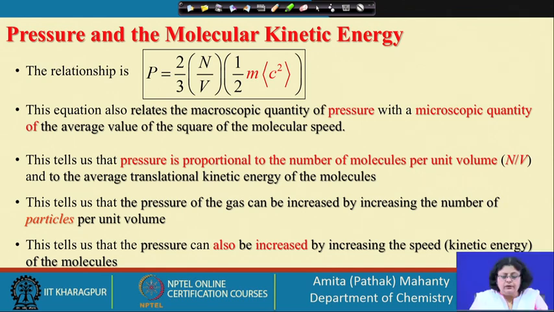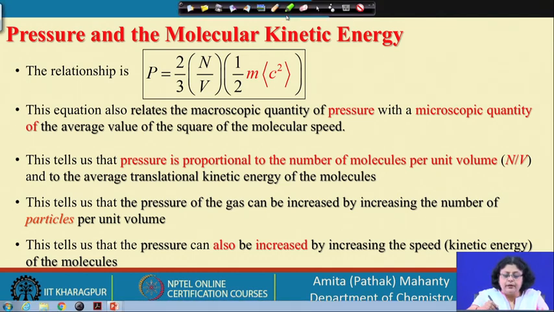What we have got from the kinetic theory of gases, we have derived a relationship of pressure, and from this equation we can see that pressure, which is a macroscopic property of a gas, can be related to one of the microscopic properties of the gas, which is derived from the kinetic theory of gases, and that is the average value of the square of the molecular speed.